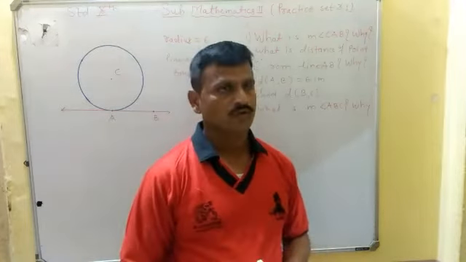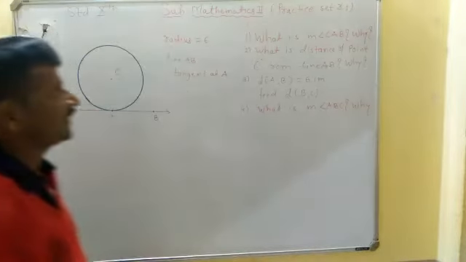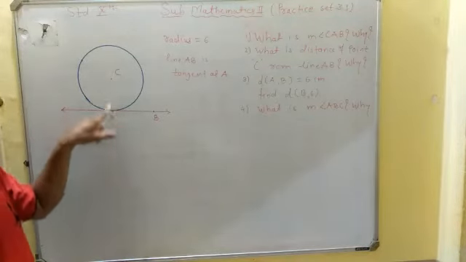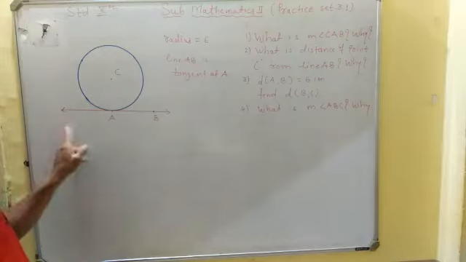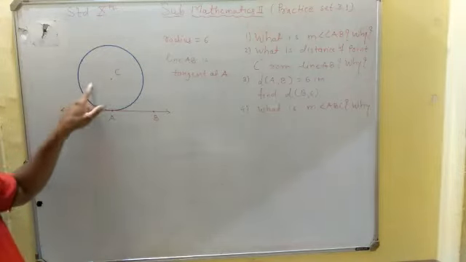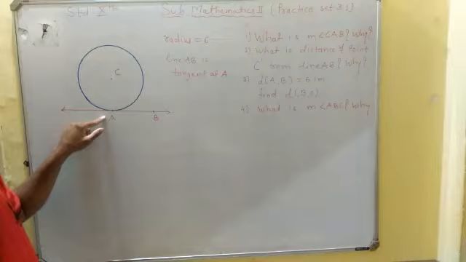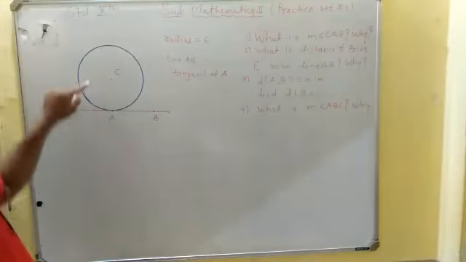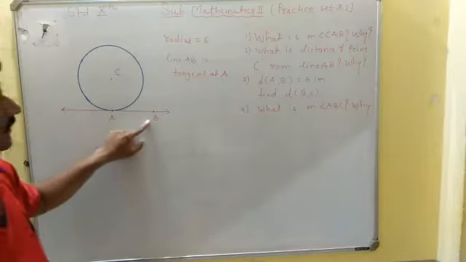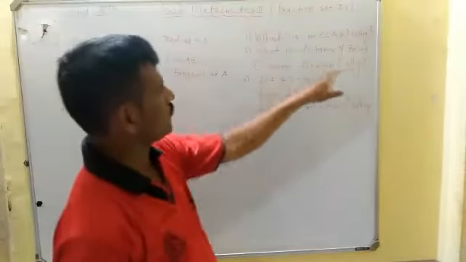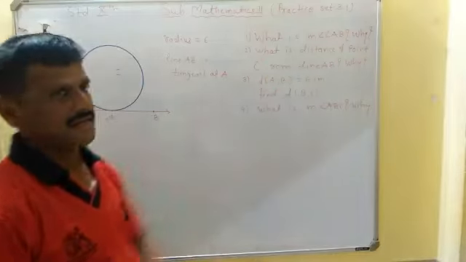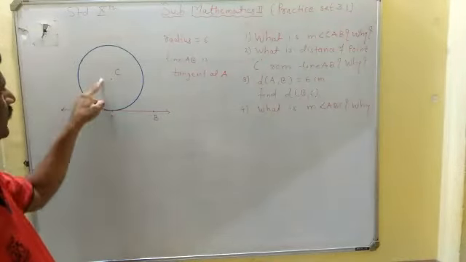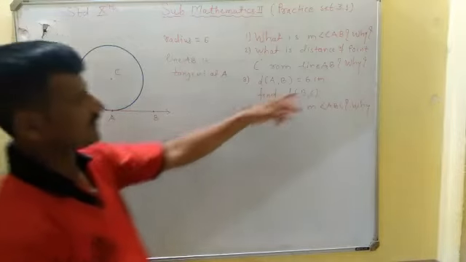Now we are going towards the first example in that practice set. The circle with center C has a radius of 6 centimeter and line AB is a tangent to that circle at point A. Then find the measure of angle CAB. Second, what is the distance of point C from line AB, and give the reason why.